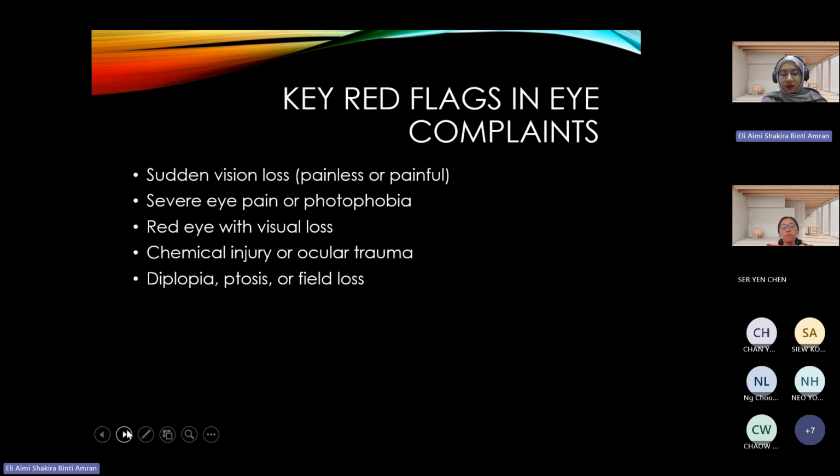Secondly, if there's any subconjunctival hemorrhage, you know what subconjunctival hemorrhage is, right? Caused by what? What will be the common systemic cause of subconjunctival hemorrhage?